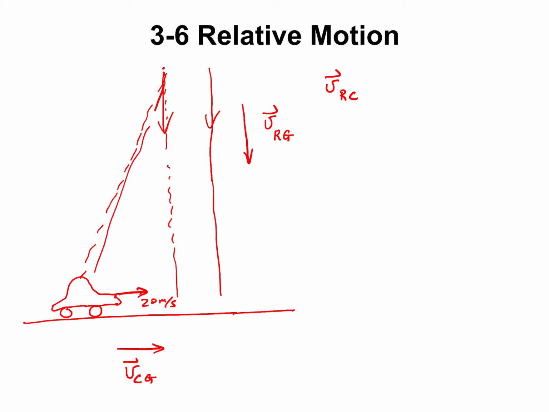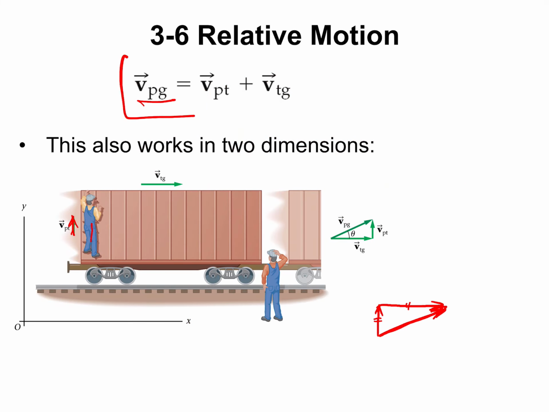How do we get this? Okay, very important. If you know the velocity of the rain relative to the car, equal to velocity of the rain relative to the ground plus velocity of the ground relative to the car. You see, in this diagram, you have a loop. Person relative to ground equals person relative to train plus train to ground.